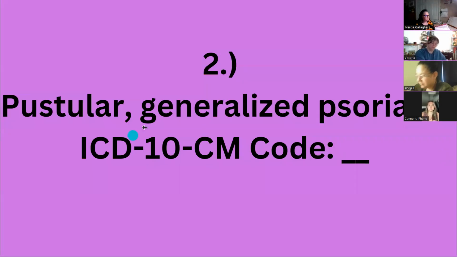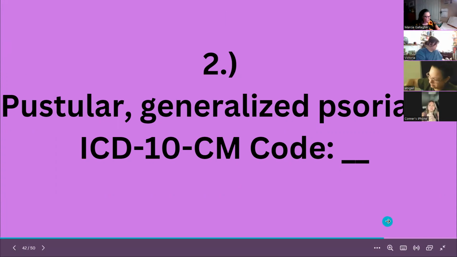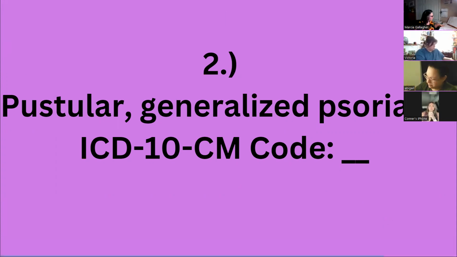Not too hard. Number 2, pustular generalized psoriasis. So what is going to be our main term? Psoriasis. Generalized and pustular are just telling us what kind of psoriasis. Can I tell you that spelling and looking up this word is a nightmare for me because grammatically it just doesn't make sense to me.